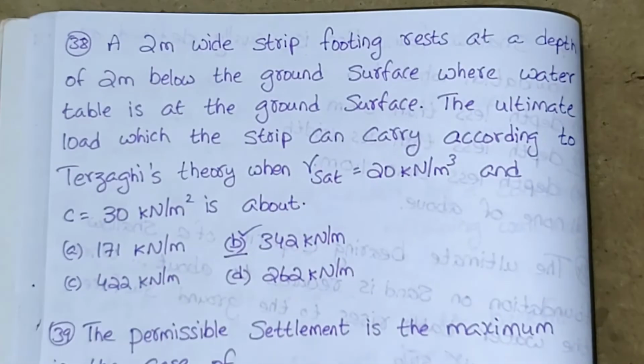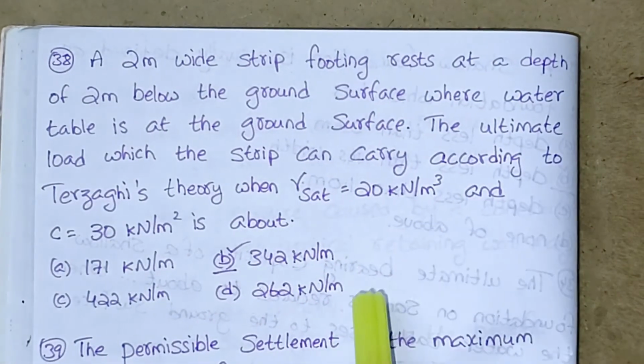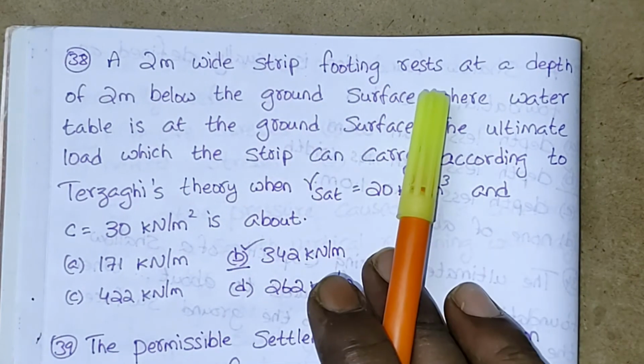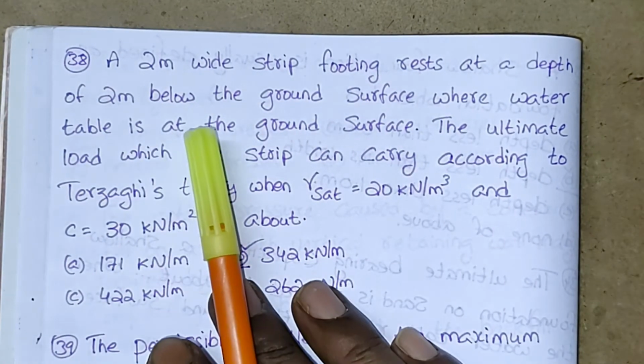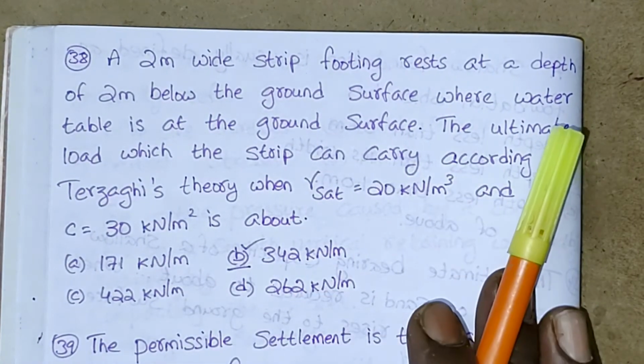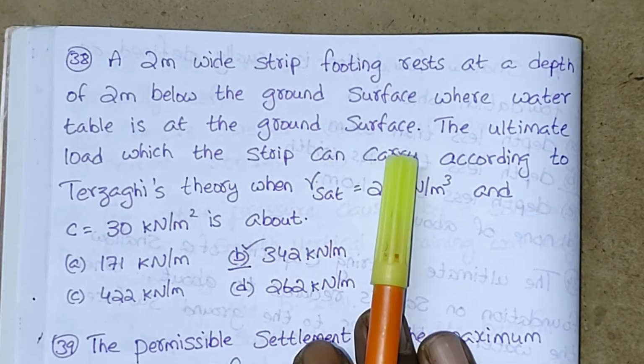We will discuss now. A 2 meter wide strip footing rests at a depth of 2 meters below the ground surface where the water table is at the ground surface.